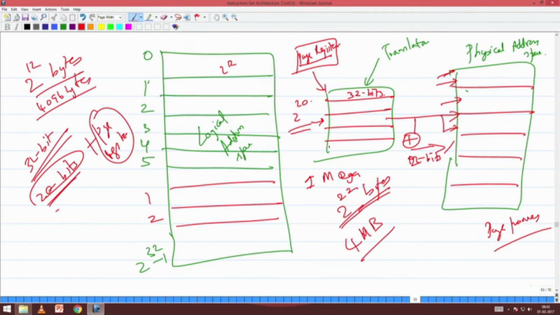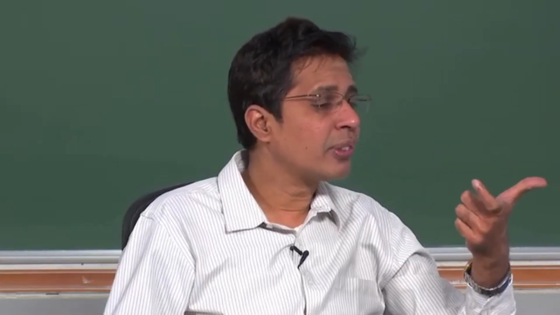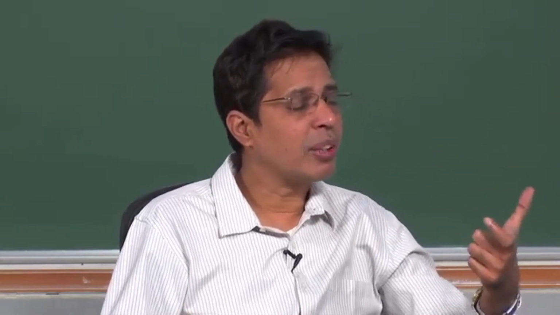So if I want to access data, I am generating a 32 bit address that will be spanning across this logical address space. That will be in some page number which is given by the first 20 bits, because each page is 2 power 12 addressable. So the first 20 bits will identify what that page is.